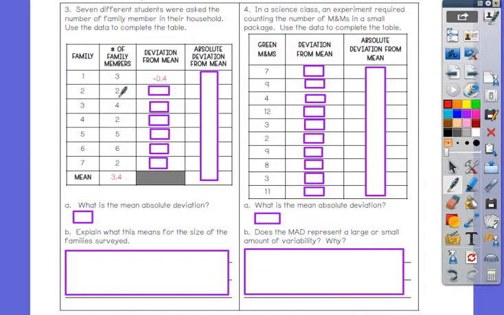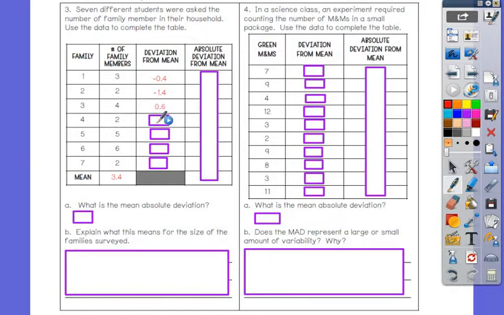Okay, same thing with this one. 2 minus 3.4 gives me a -1.4. 4 minus 3.4 gives me a +0.6.